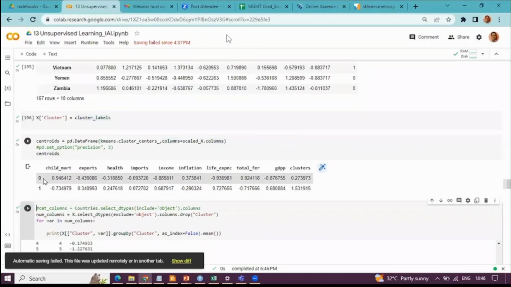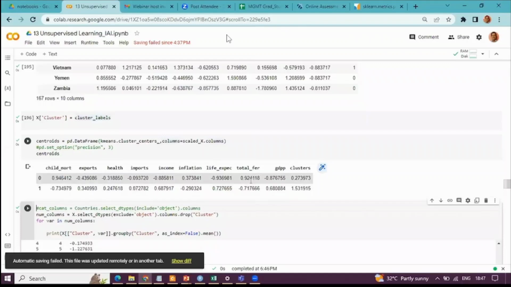So you can very well clearly interpret. Some of them are not that highly different. Income is very highly different. Similarly, life expectancy is very different. Then we also have the total fertility rate, that is also very highly different.